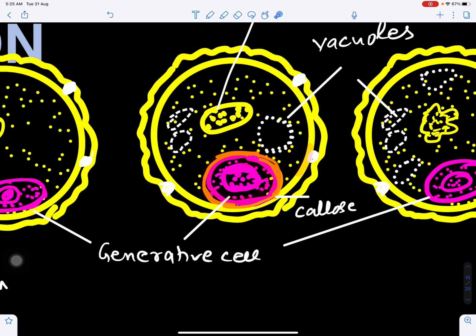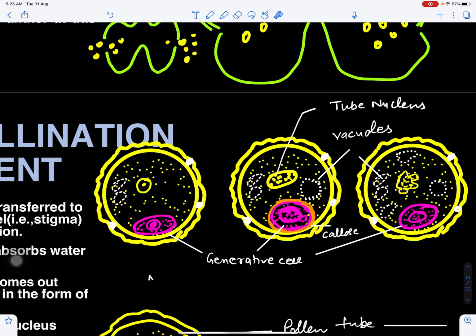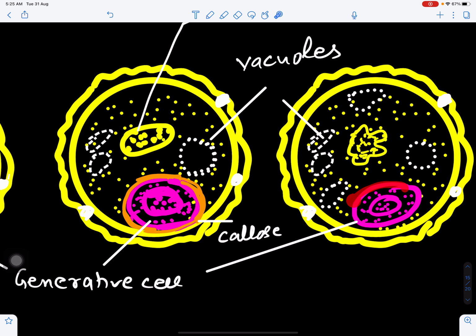Later on, this callus will degenerate and this generative cell will become free in the cytoplasm. Now, here there is no callus, and there are certain changes in the tube cell or the vegetative nucleus. This has become convoluted. This is called convoluted.